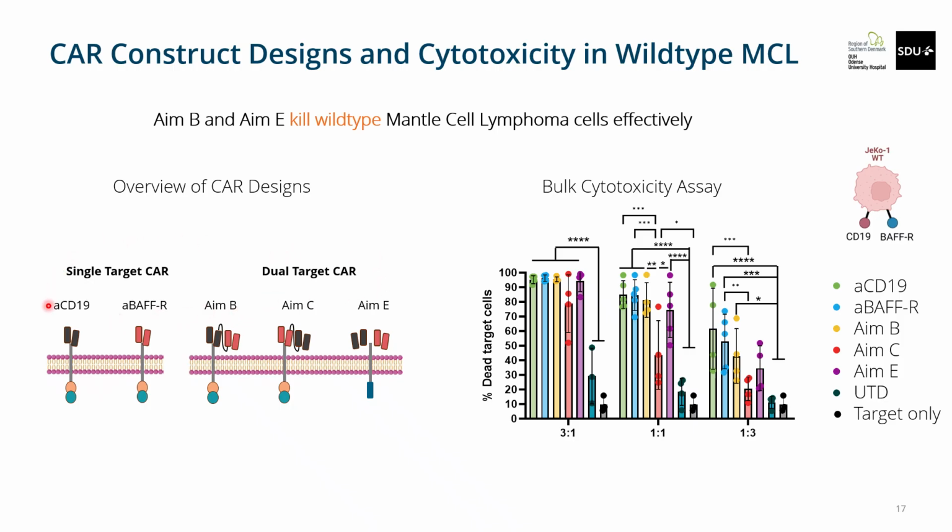The traditional CAR, the first CAR that a patient was ever treated with, was the anti-CD19 CAR, and it has proven to be very efficient, but nevertheless there are situations where the patient's tumor loses the CD19 antigen, after which the CAR T cells are no longer able to control the development of the tumor.